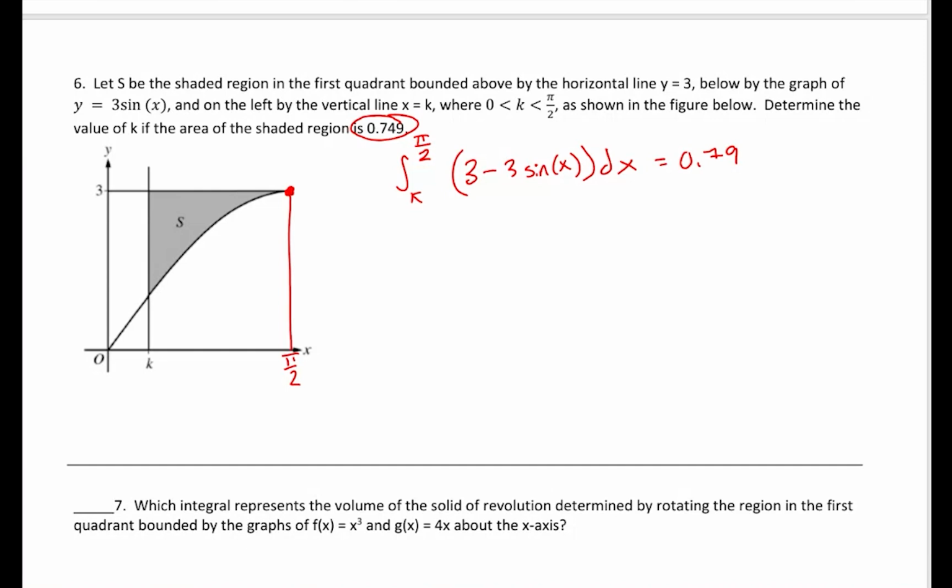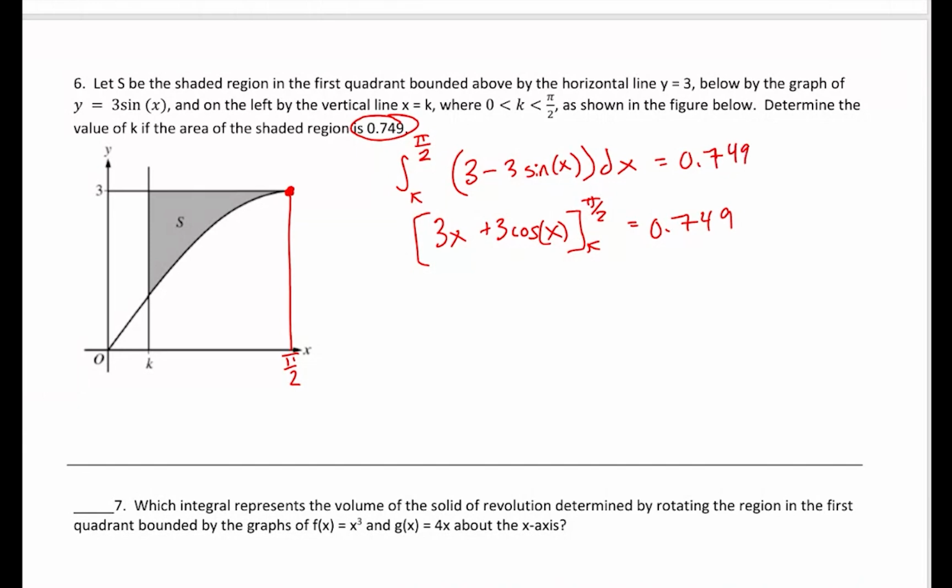So if we use the fundamental theorem here, the antiderivative of 3 is just 3x. The antiderivative of negative 3 sine x, we don't need u substitution because we don't have a composite function, is going to be positive 3 cosine x. And we're going to go from k to pi over 2, and we know that's going to equal 0.749. Left out the 4 in the previous number.